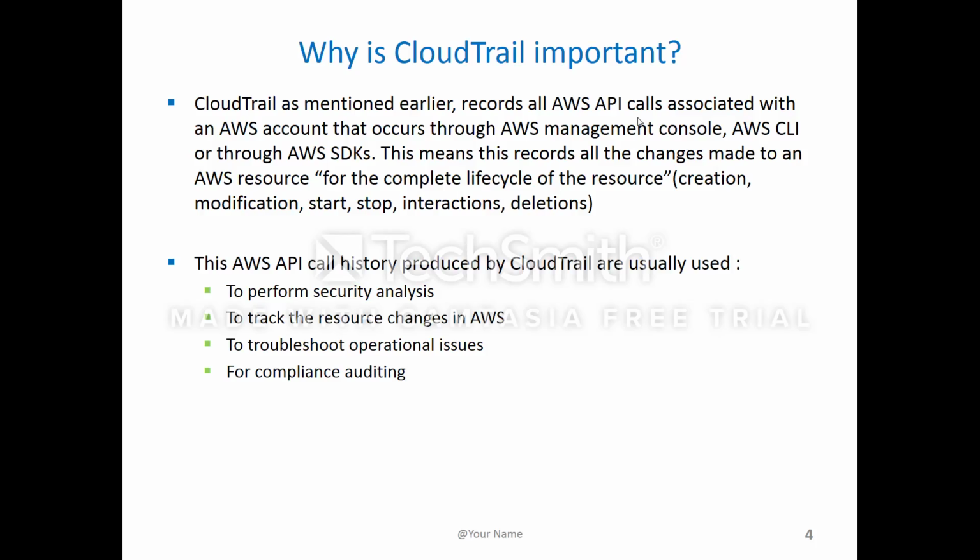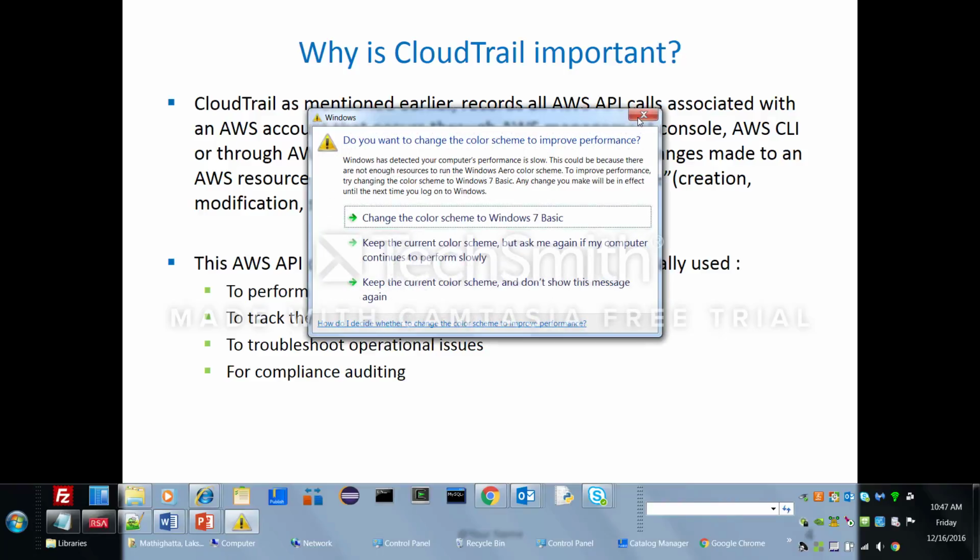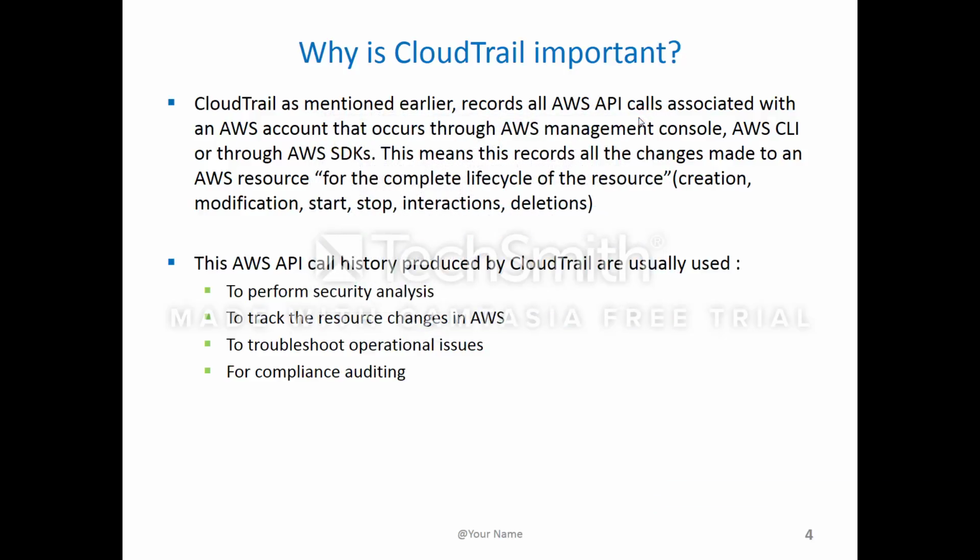Why is CloudTrail important? CloudTrail, as mentioned earlier, records all AWS API calls associated with an AWS account that occur through the AWS Management Console, CLI, or SDKs. This means it records all the changes made to an AWS resource for the complete life cycle of the resource, meaning creation, modification, start, stop, interactions, and deletions.